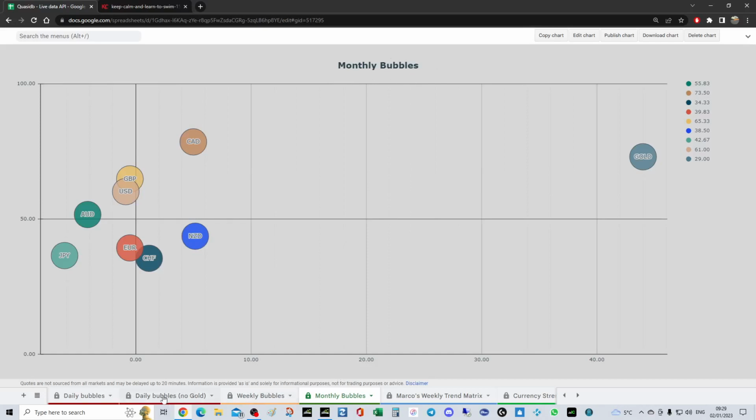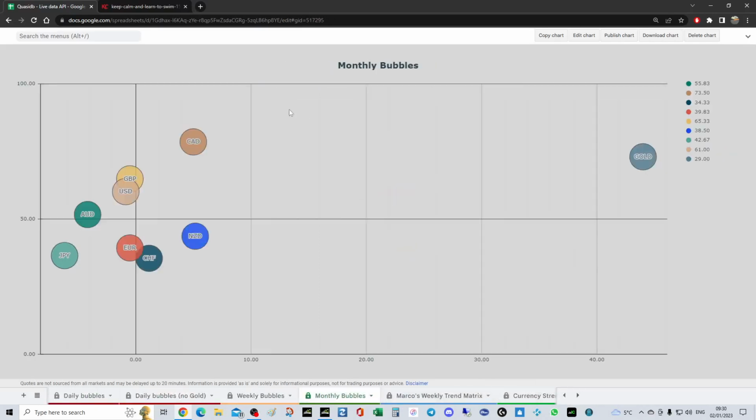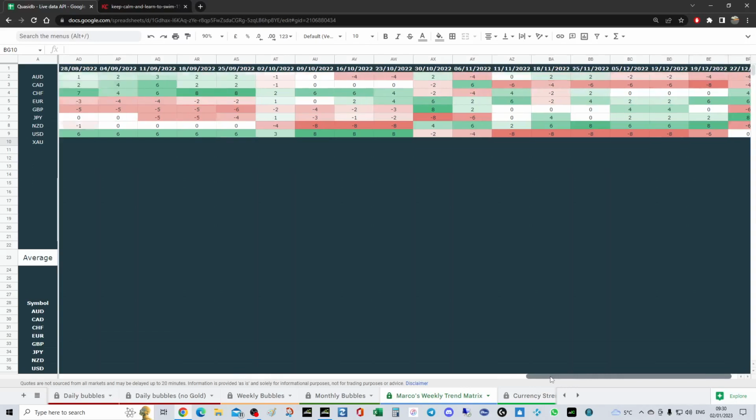For me, I quite like the average ones because it averages the week and the day. I find that quite useful because I'm more of an intraday trader. I'm not really swing trading so much, but if you were, you can use the monthly bubbles. Marco's sheet is really good. He analyzes the relative strength of your currency pairs, and he gives them a score, which is really awesome.